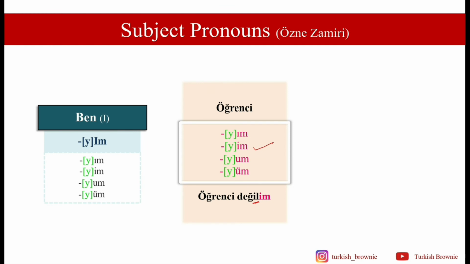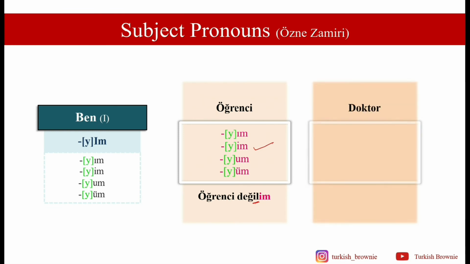However, I'm still going to quickly go over all the personal pronouns, and I'm going to consider the examples of öğrenci and doktor both. So if you want, you could just skip a few minutes or continue listening to these examples. I just still want to go through them so you don't have any confusion later on. So for the word doktor, the options, and then doktor değilim. Again, because I, so we're going to use the I form.